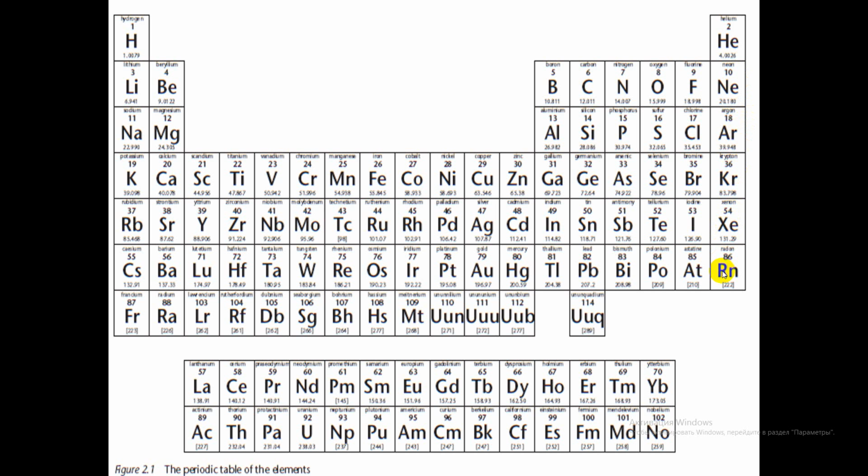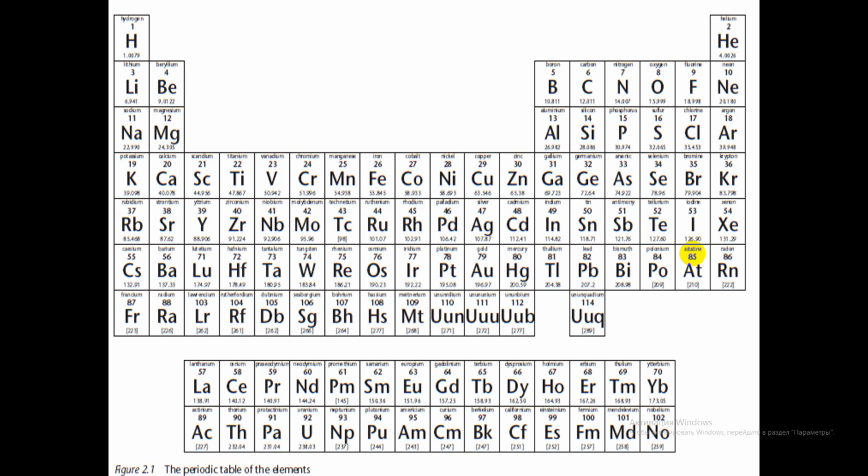These are the inert gases. Those to the immediate left are the very reactive halogens: fluorine, chlorine, bromine, iodine, astatine. Their reactivity or inertness results from their outer electronic structures, as we shall see later.